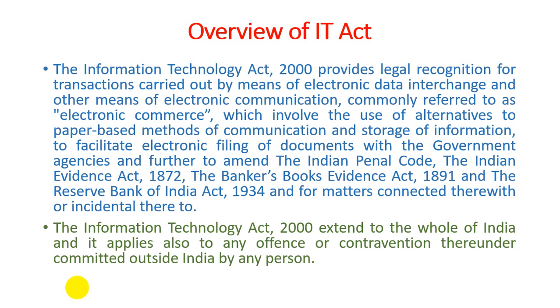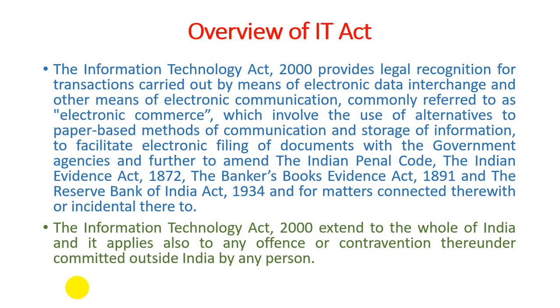The Information Technology Act 2000 extends to the whole of India, and it applies also to any offence or contravention committed outside India by any person. Like where should this IT Act be followed?